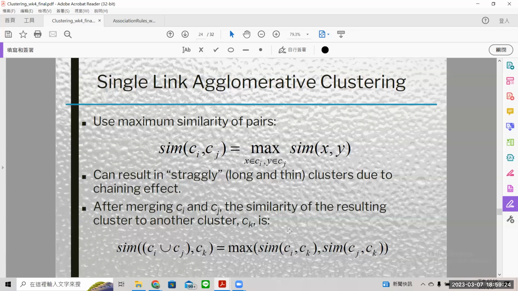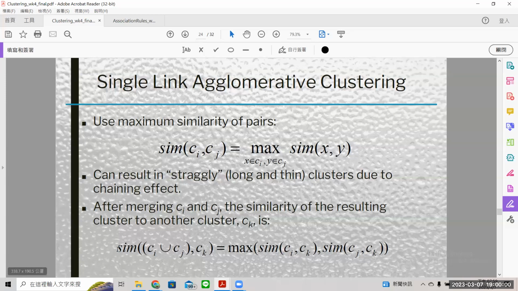It will result in long, thin clusters, due to the chaining effect. After merging Ci and Cj, the similarity of the resulting cluster to another cluster Ck is defined like this: one is the similarity of Ci and Ck, the other is the similarity of Cj and Ck.